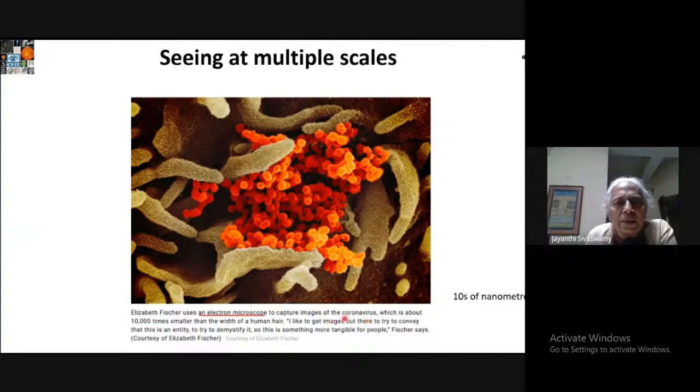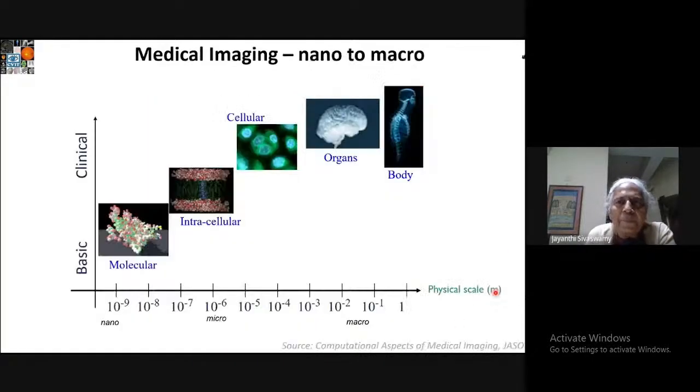If you look at the virus itself, it is 10,000 times smaller than the width of the human hair, but when I blow it up, it looks very real, and you see all sorts of structures, because I'm looking at things at nanometer scale.